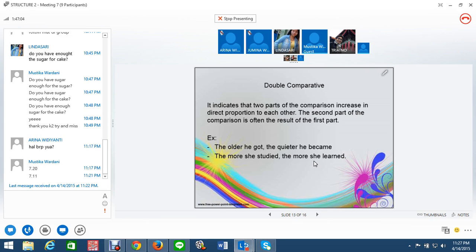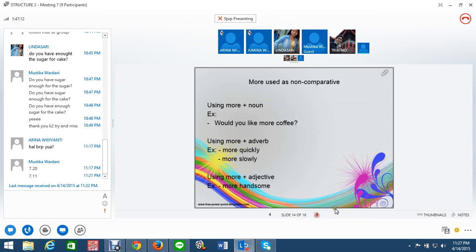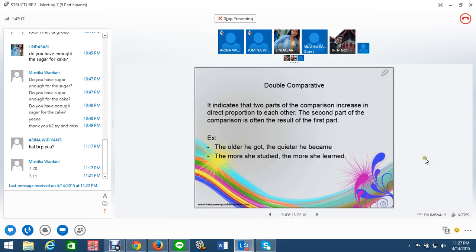Bisa ya. Jadi di-highlight, di-underline. Okay, next. Now let's see. Coba dibuka dulu 7.12. Ada contoh di bawah.